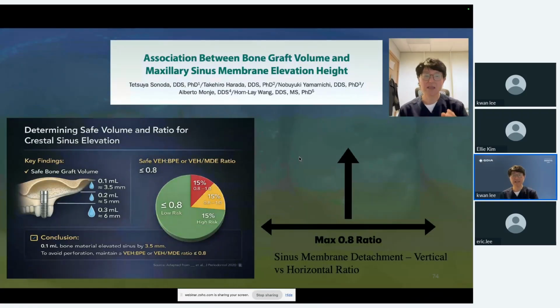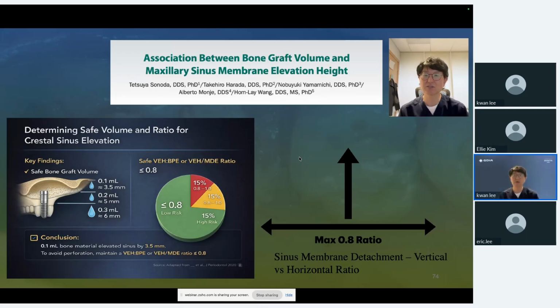And I really like this one between bone volume versus sinus membrane elevation height. This is the key foundation for me in calculating if you're doing the conventional sinus augmentation, not the closed chamber, because in closed chamber I elevate the membrane way up high, so I don't even have to worry about it. But if you're doing the conventional crestal sinus augmentation, how much bone you add is going to relate to how much membrane you elevate.